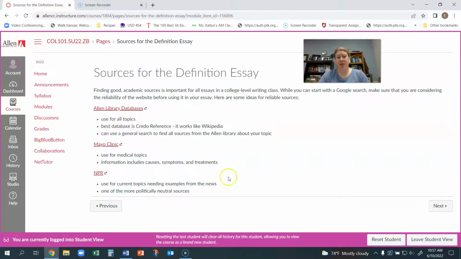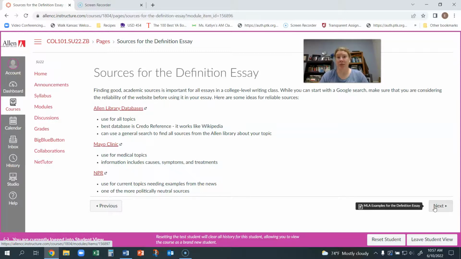I've given you an idea of places you can go looking for sources, most specifically the Allen Library databases, and Credo Reference is the database that's going to help you the most. It's an encyclopedia-based entry, so that's a really good place to start. Remember that dictionaries do not count as sources for this essay, because a definition is not a source.